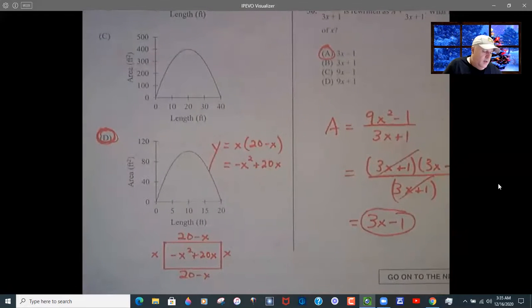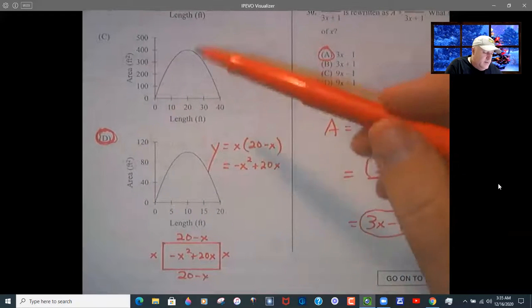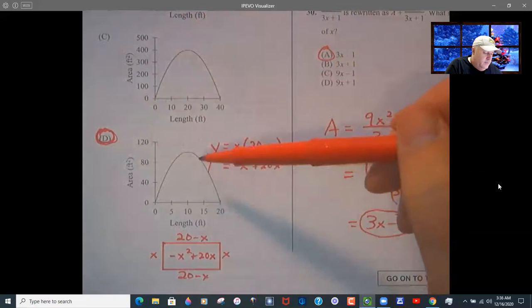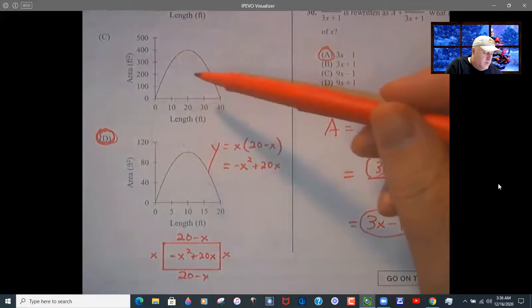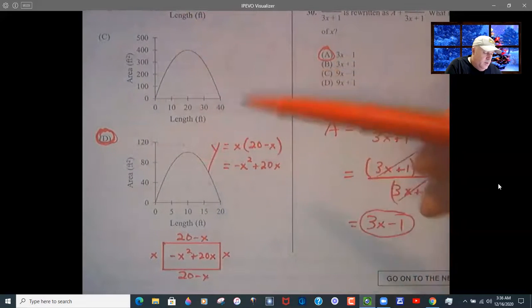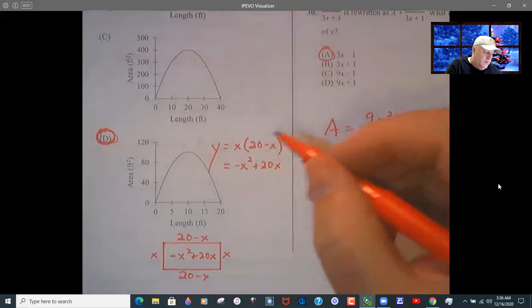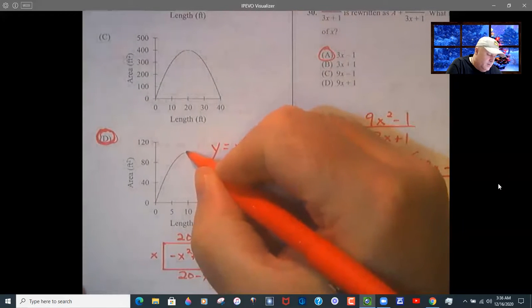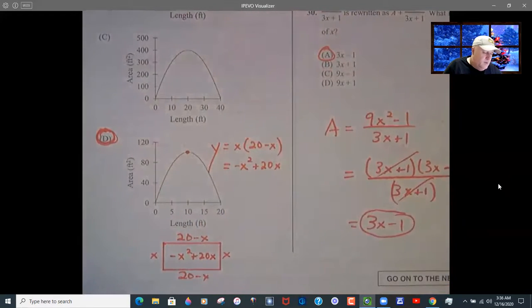Note that you would need to search out the vertex, which would occur at 10 something. Or even a better way would be the x-intercepts. The x-intercepts would be at 0 and 20. So this one shows 0 and 40.